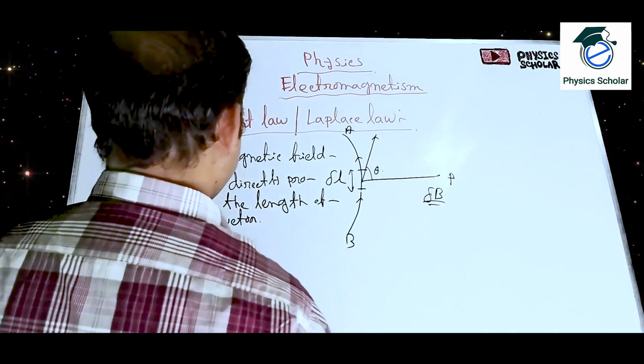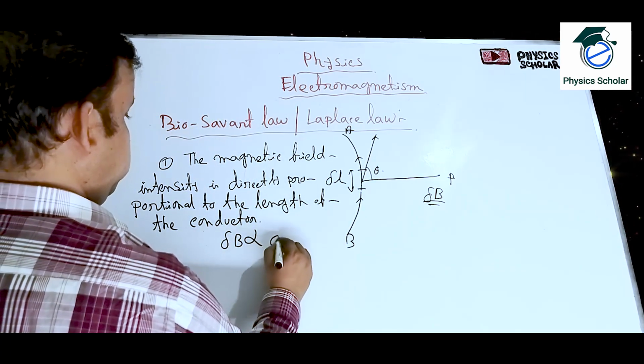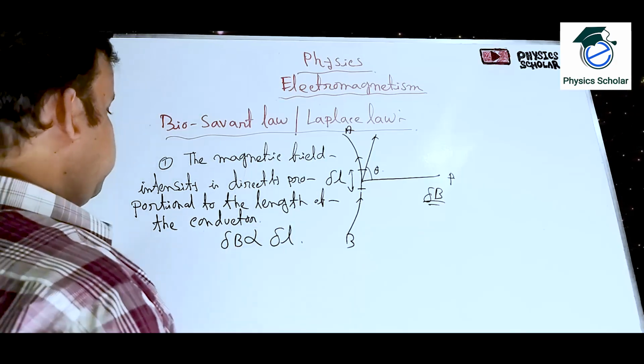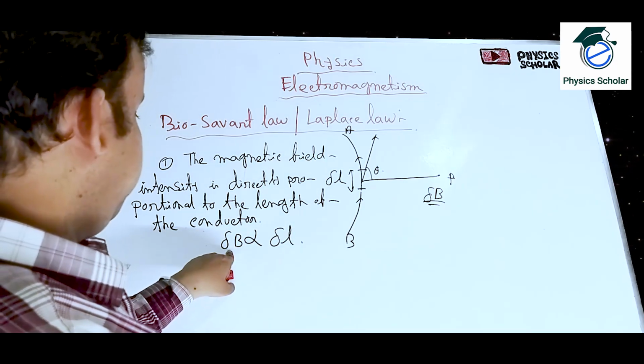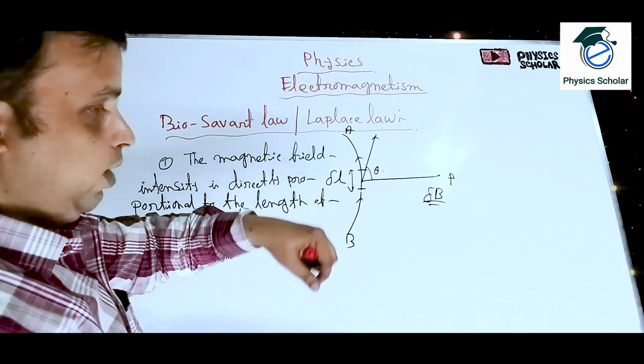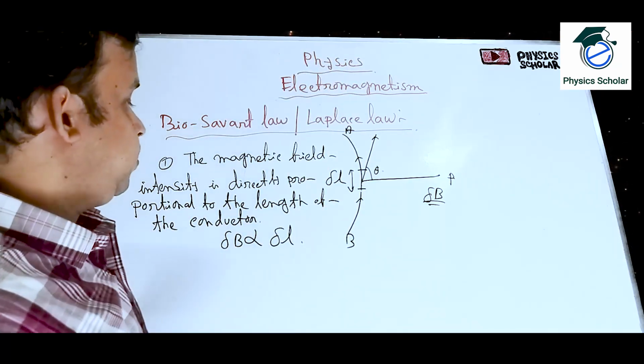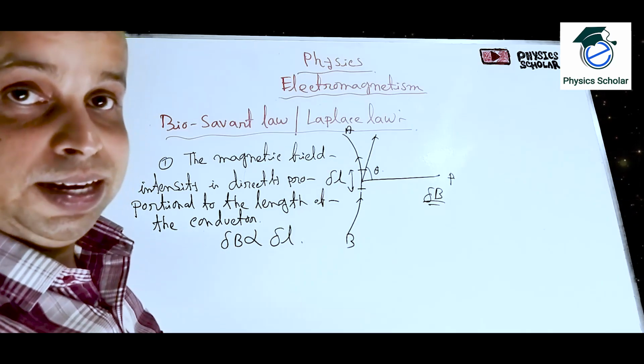So delta B will be directly proportional to delta L. Clear? So the magnetic field intensity will be directly proportional to the length of the conductor. If the length increases, then obviously the magnetic field intensity will also increase at a point.